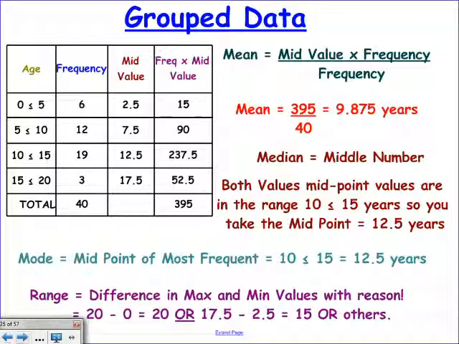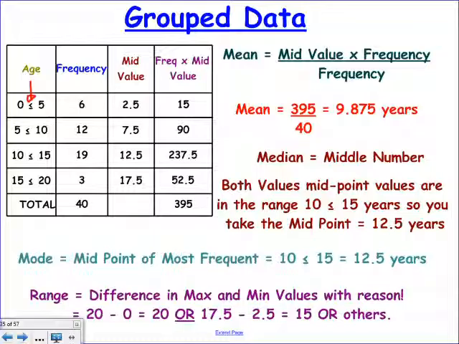Now, the information is identical to what you've just done, but when you're working out your totals, we haven't got a single value in here. We've got a range of data. So in order to calculate our mean and our median and our mode, we need to pick the middle of our range of data.